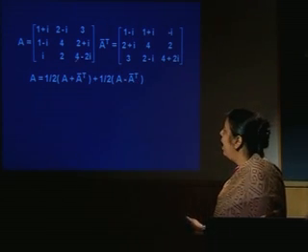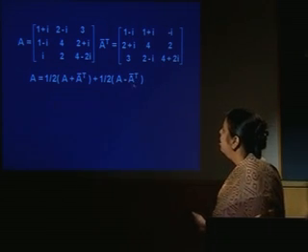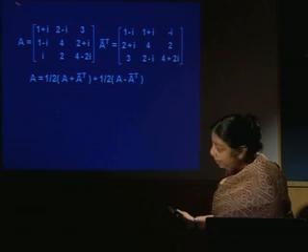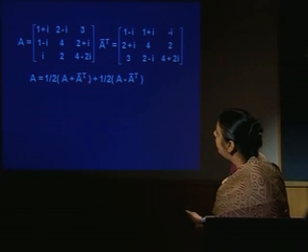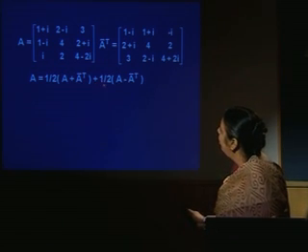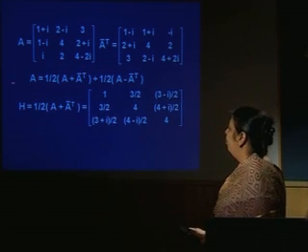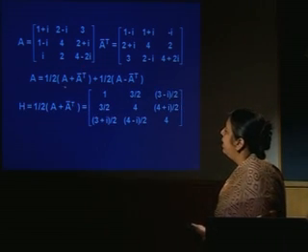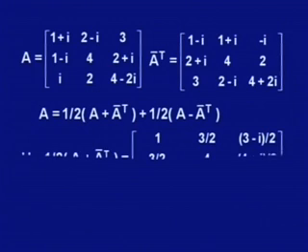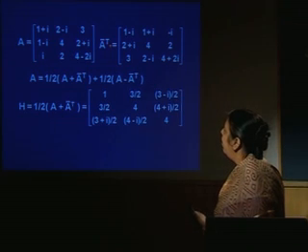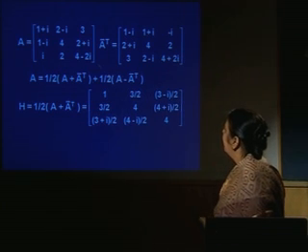So, what I have done is I have added and subtracted this from the matrix A. Now, one can prove that the first part, half A plus A bar transpose, is Hermitian, while the second part is skew Hermitian. So, I take this part as H, half A plus A bar transpose. For the given A, I add A bar transpose and take half of it. So, I have this matrix.